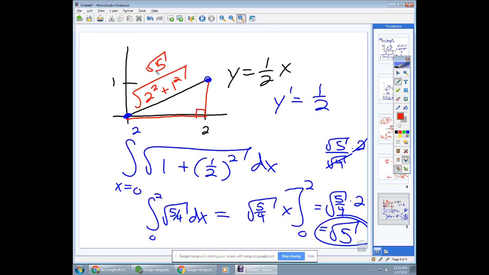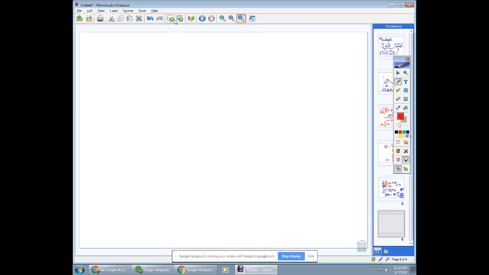So let's try another one. This one might work. Let y equal the sine of x, and let x go from, say, 0 to pi.